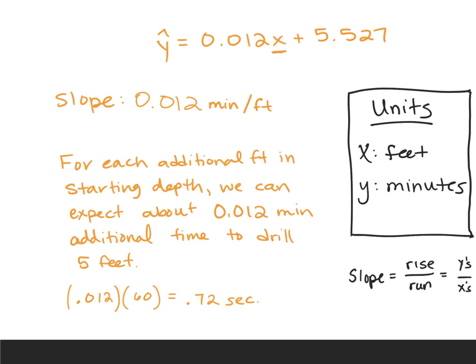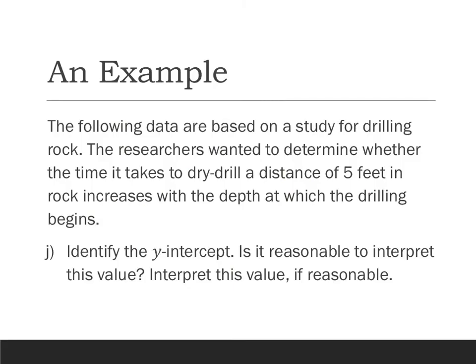So not even a whole second. So not only is it a small portion of a minute, but it's not even a full second that we're going to add to the time. But that's a side note. That's just because I'm usually curious about what those numbers actually mean.